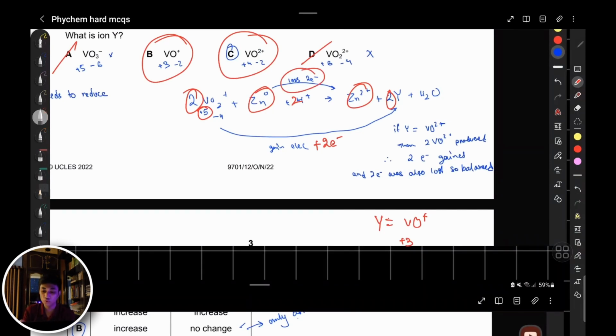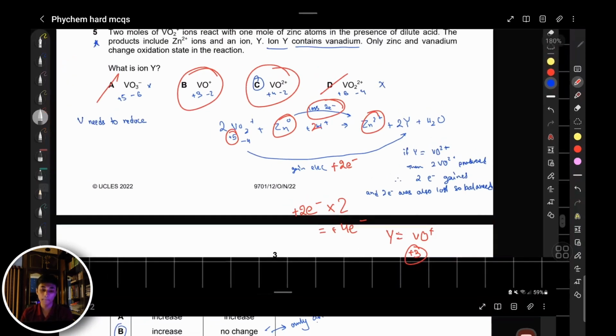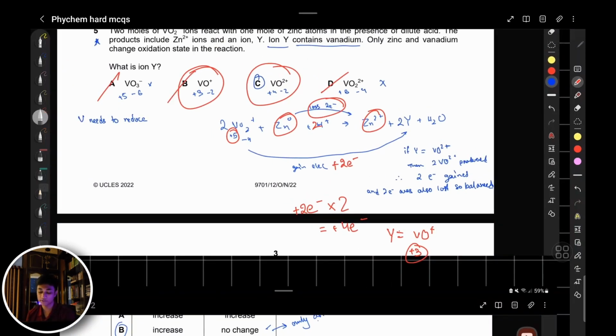Since 2 electrons were lost, and since vanadium is going from a state of plus 5 to plus 3, it needs 2 electrons. But how many vanadiums are there? 2 vanadiums. Therefore, it would need 4 electrons. But you don't have 4 electrons, do you? You have only 2 electrons, for which B cannot be the answer.